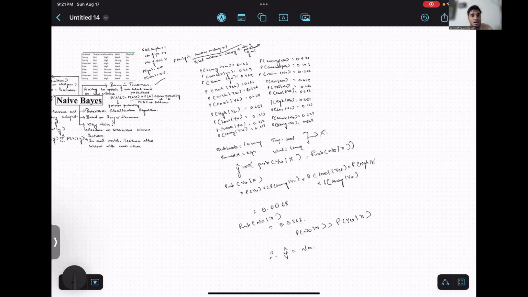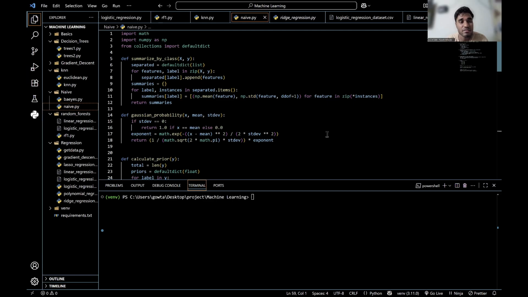Let's look into a Python implementation of naive Bayes from scratch. Now, this is the Python code which implements a naive Bayes classifier from scratch. First, we import the required libraries like math, numpy, and defaultdict from collections. This function groups the data points by the class.